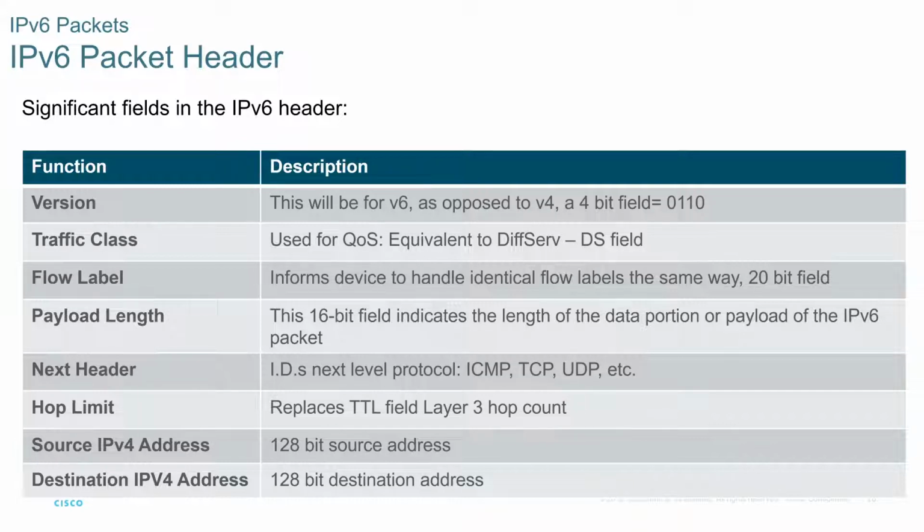The next header gives us the ID of the next level protocol, such as the information for layer 4, whether the protocol that we are transporting be ICMP, TCP, UDP, or any other particular protocol that would be distinguished at layer 4. The hop limit, again, replaces the layer 3 time to live field in IPv4.